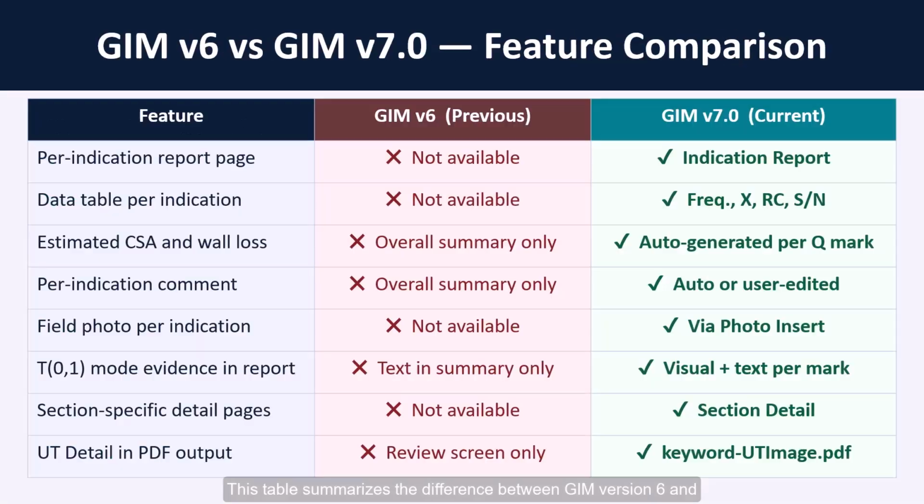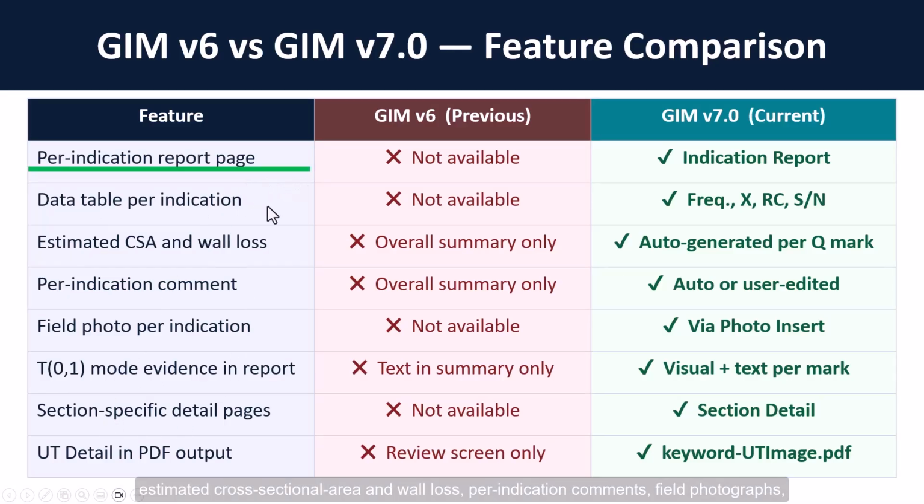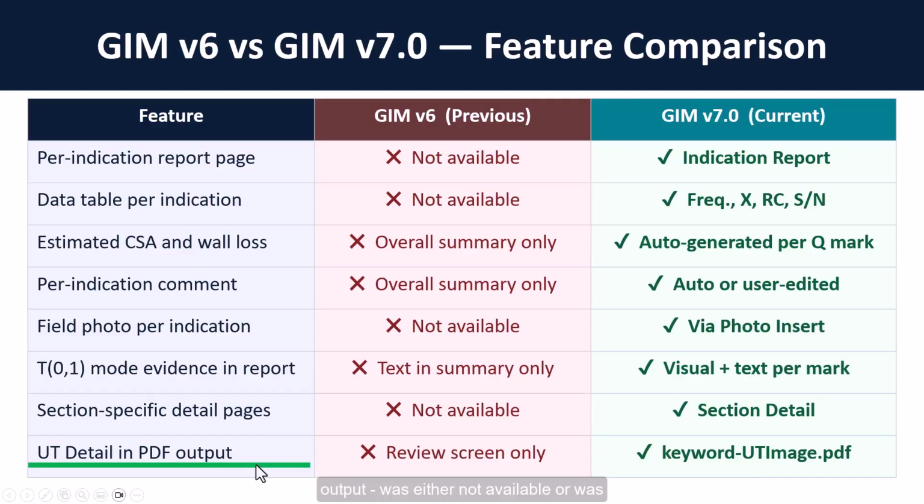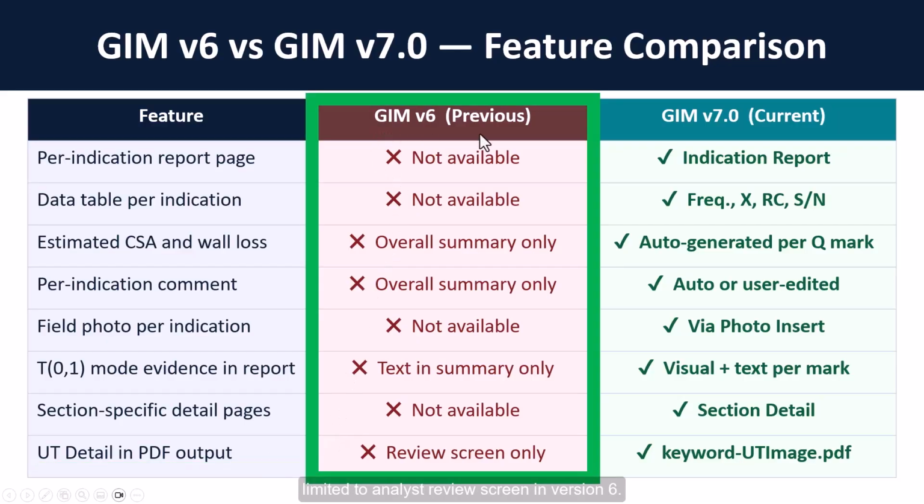This table summarizes the difference between GIM version 6 and GIM version 7 across 8 reporting capabilities. Every single item in the left column, per indication report pages, data tables, estimated cross-sectional area and wall loss per indication, comments, field photographs, T01 mode visual evidence, section-specific detail pages, and UT detail in PDF output, was either not available or was limited to the analyst review screen in version 6.